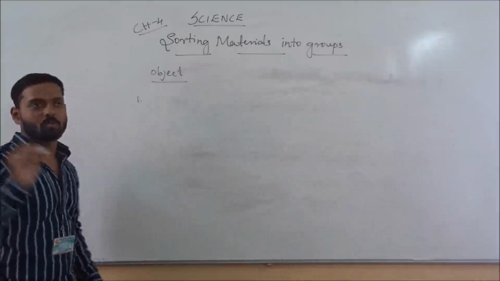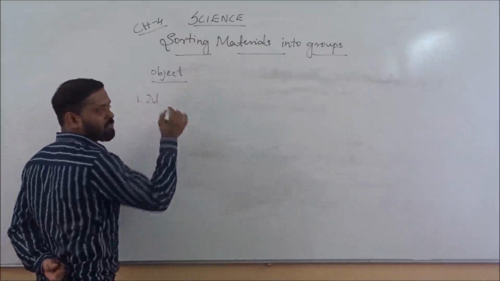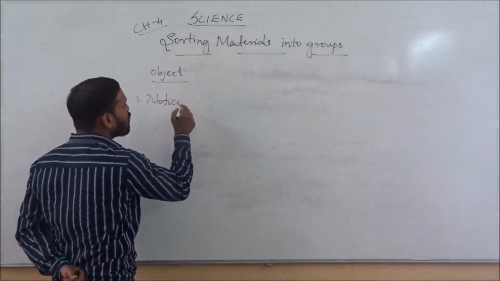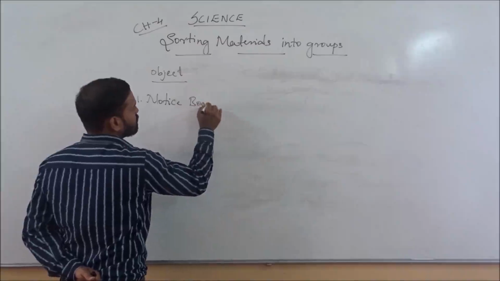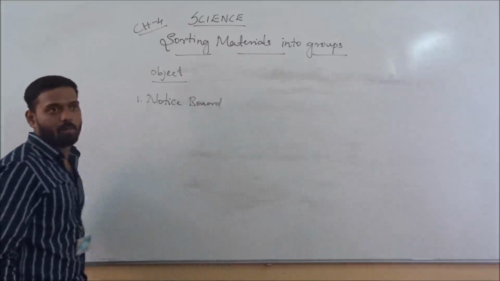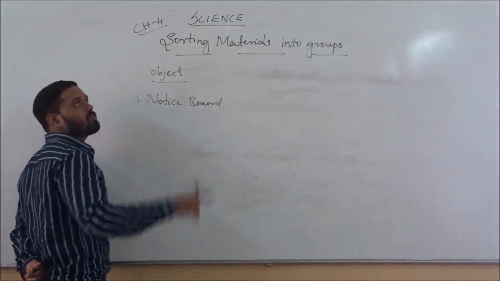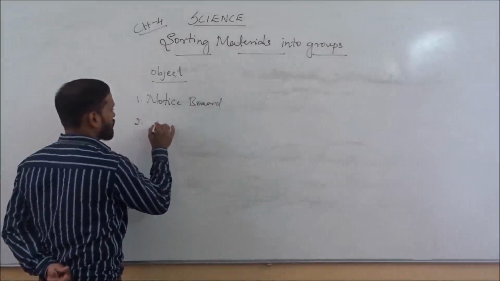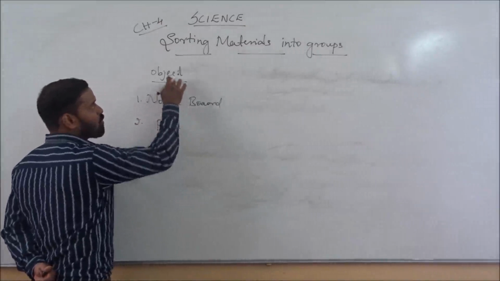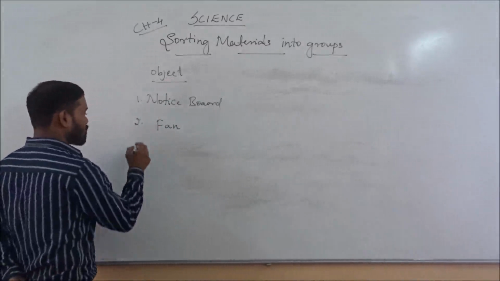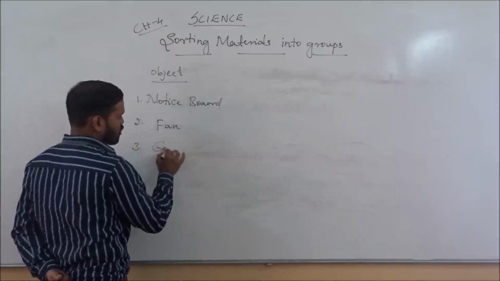In the classroom itself we can take some objects. Notice board, I am going to take. The second thing I am going to take is a fan. Notice board is an object. Fan is also an object. And I am going to take a geometry box.